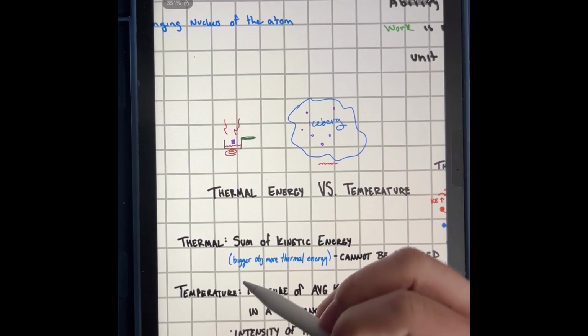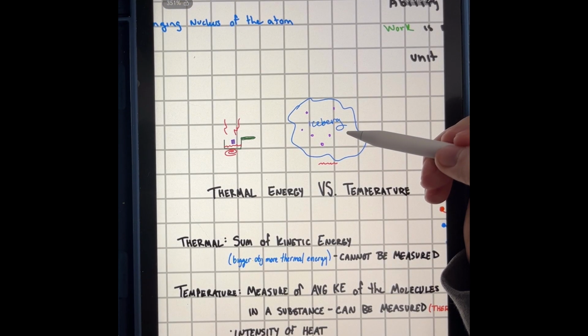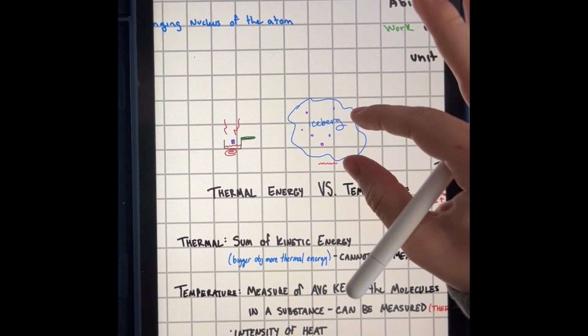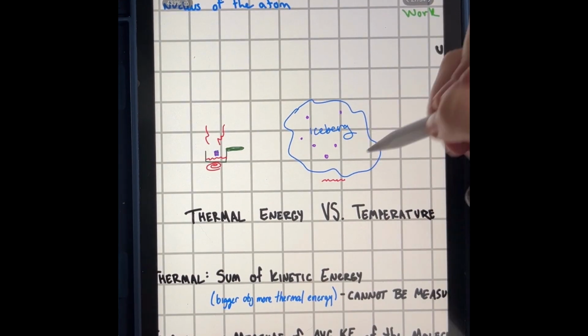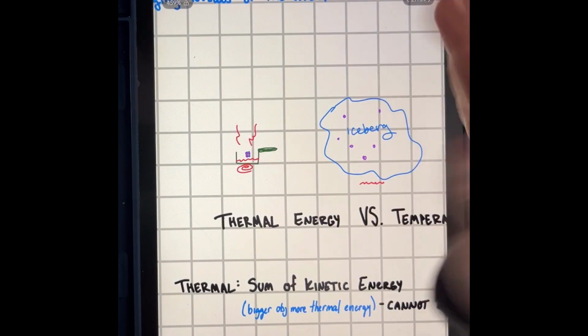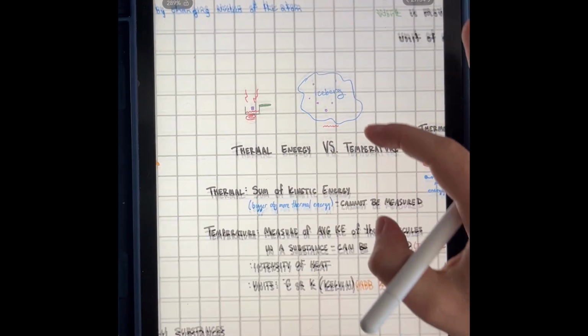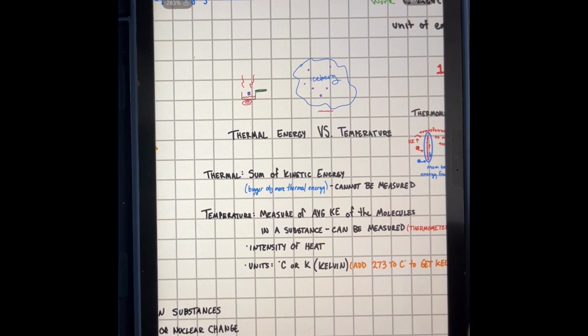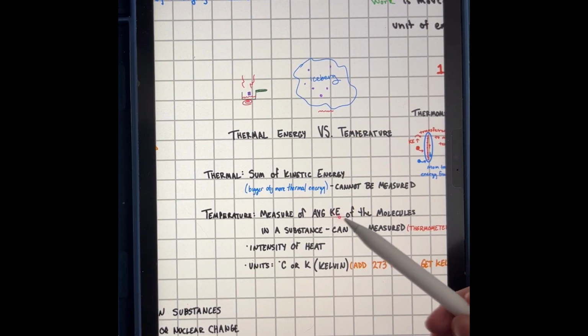So the bigger object has more thermal energy because the sum of the kinetic energy is higher, because there are more molecules within this, so it's just a greater space versus this one's smaller, right? Temperature is the measure of average kinetic energy of the molecules.